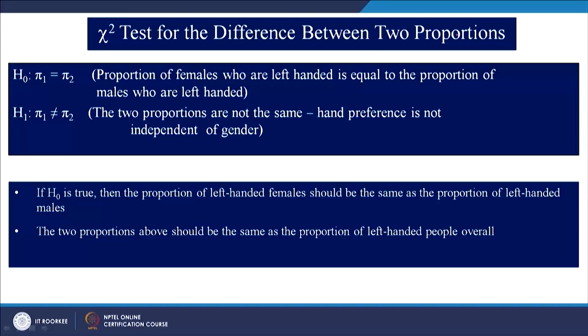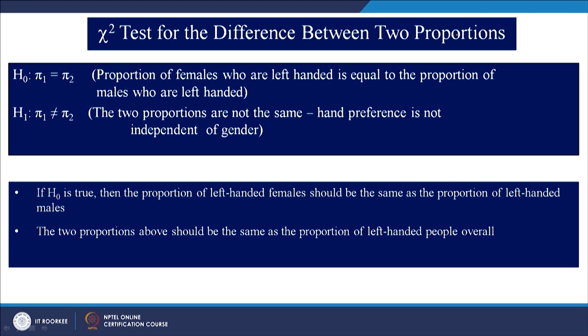So, what we have done so far is this: we have used the chi-square goodness of fit test as a replacement of the Z test. Now, the chi-square goodness of fit can also be used for comparing two proportions.